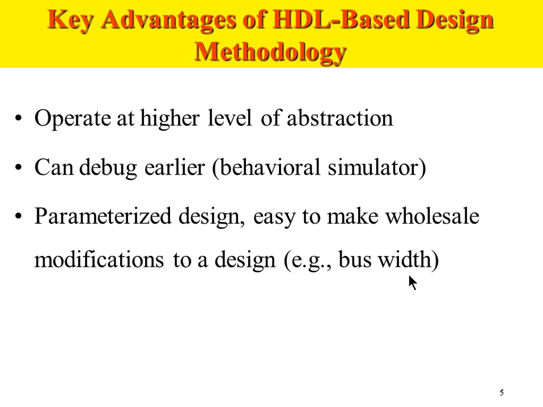Use that label bit width throughout my design. So I'm not hard coding my design where it is 8 bits everywhere. Let's say that parameter, the bit width itself, is used at 100 different places in my design. So at 100 different places, I'm not using the actual value 8. I'm using the label called bit width, which is actually the parameter. So I declare it once and I use it multiple times.